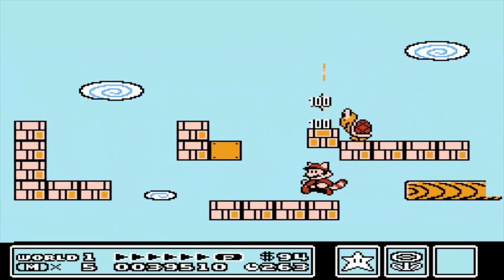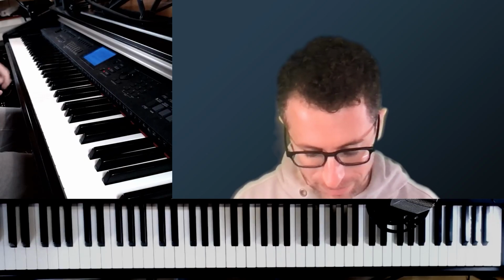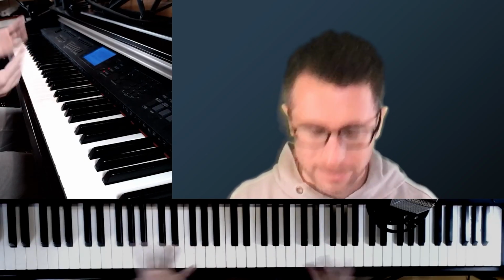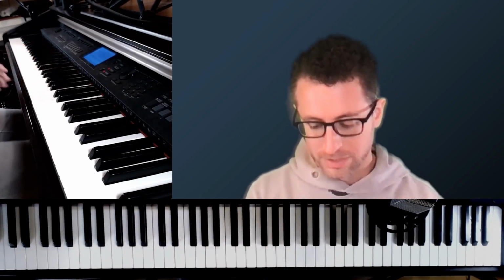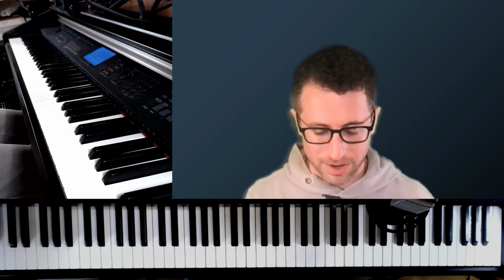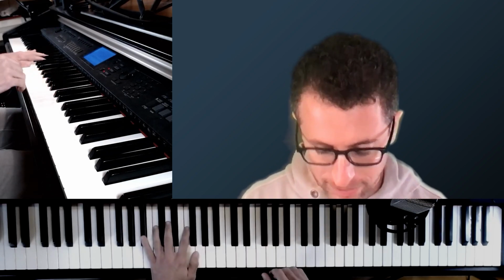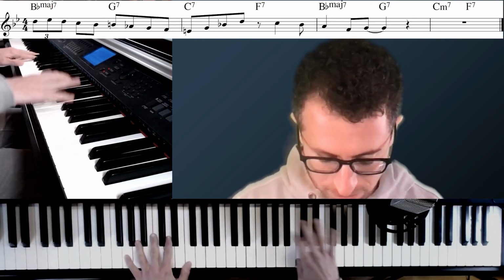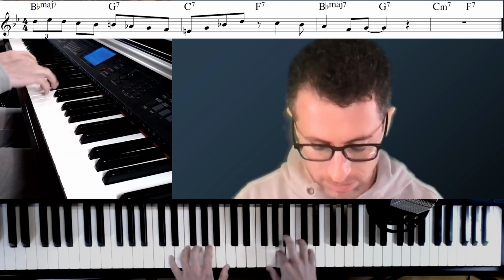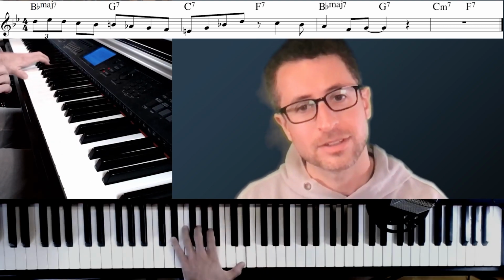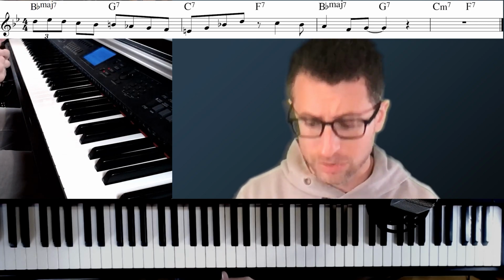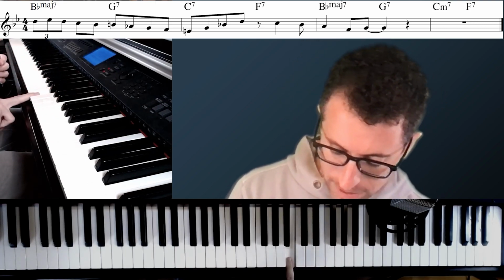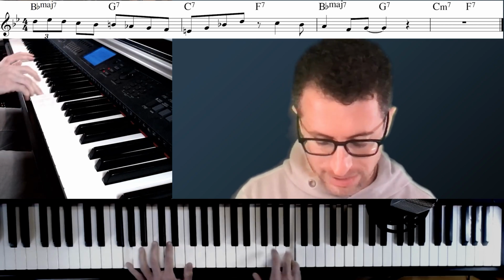So check this out. As an example, if I'm doing a melody in, let's just do rhythm changes in B flat. So if I'm doing a melody in B flat, it might be, right? And when I did that, I went through the changes, which means I can only use that note on the 6.